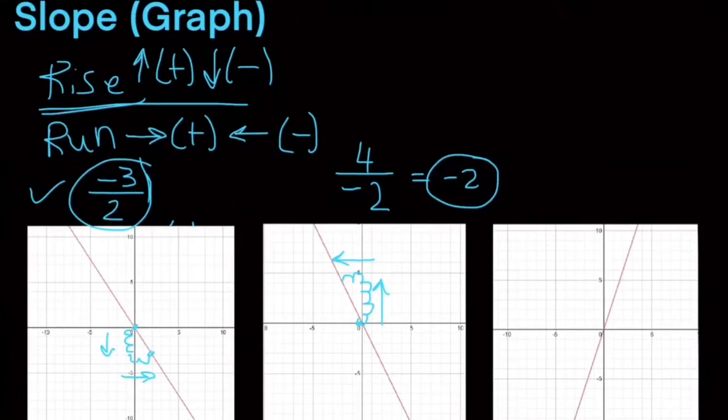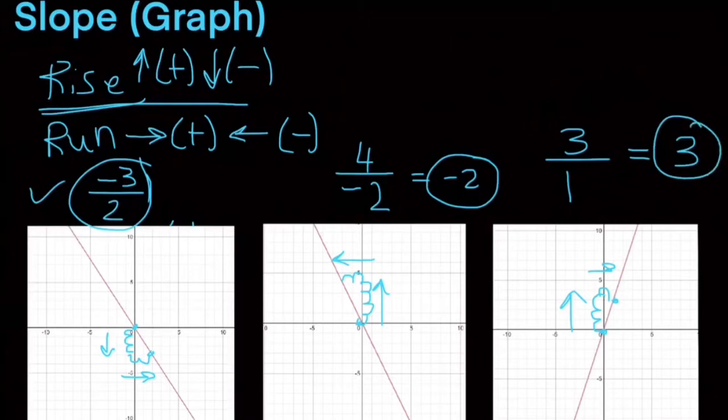And now for the last one, here's 1 point, and here's another. Determine the rise is 1, 2, 3. 3 going up, so we can say positive 3. And the run was 1 to the right, so positive 1, making the slope 3. The sign of the slope is now accurate for every answer, and we can be sure of our answers.